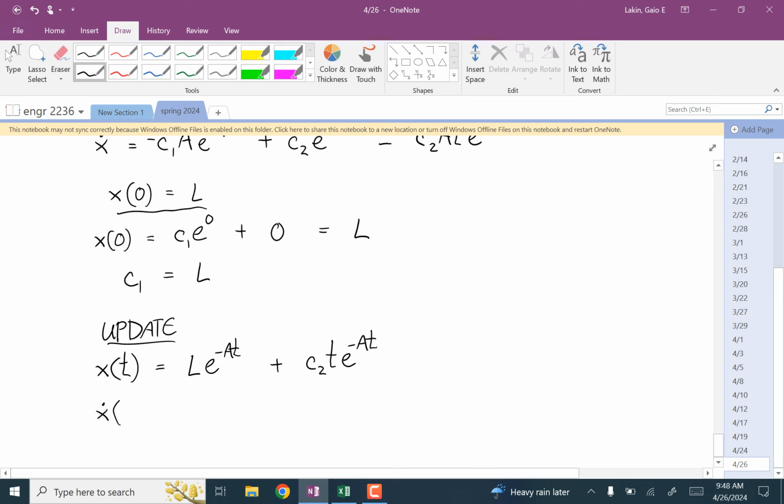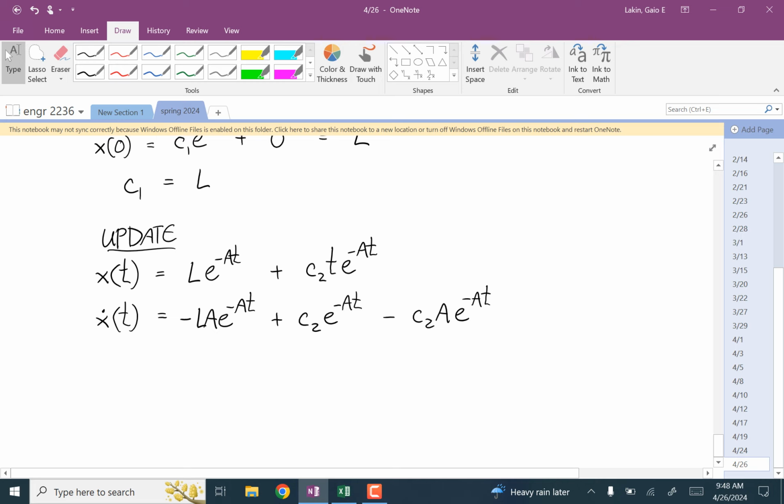And then x dot updated is negative L a e to the negative at, plus C2 e to the negative at, minus C2 a t e to the negative at. And now I'll use the other boundary condition that says x dot at 0 is equal to 0.